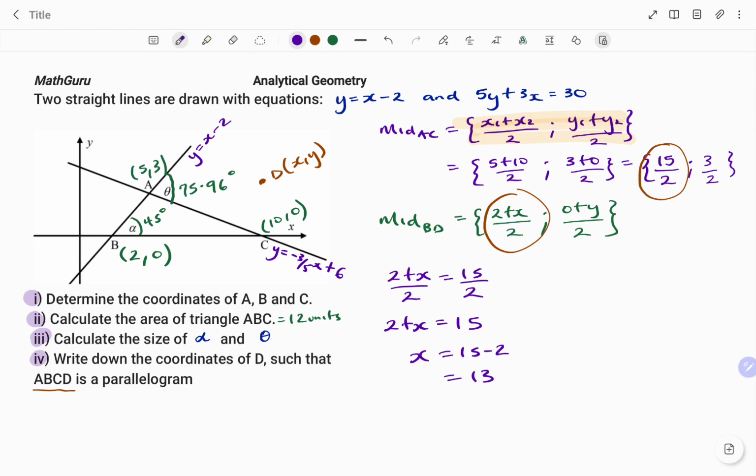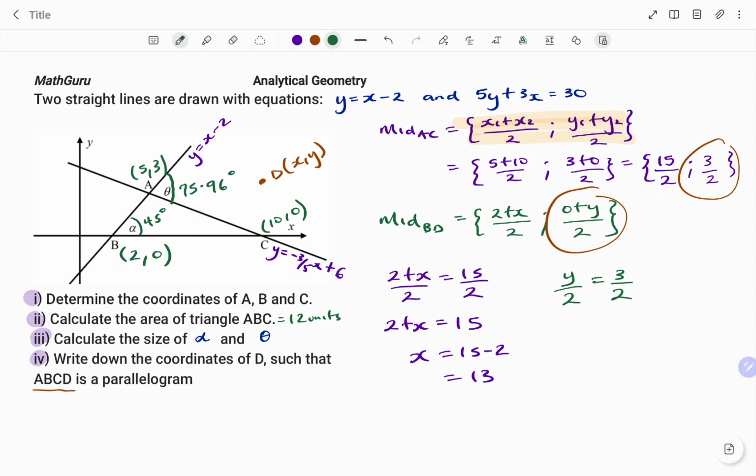And likewise, I'm going to do the same for my y coordinate. So y over 2 will be equal to 3 over 2 because they both share the same midpoint. So I have y over 2 equals 3 over 2.